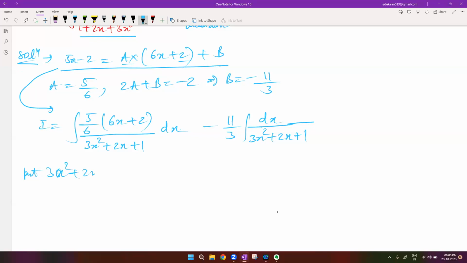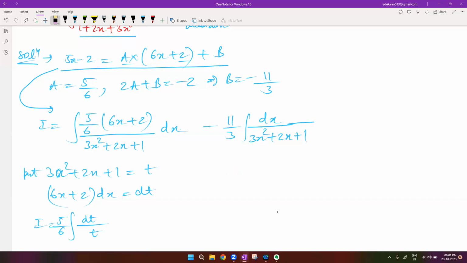So your I becomes 5 by 6 outside, this is dt and this is t, and then this is nothing but 11 by 3.